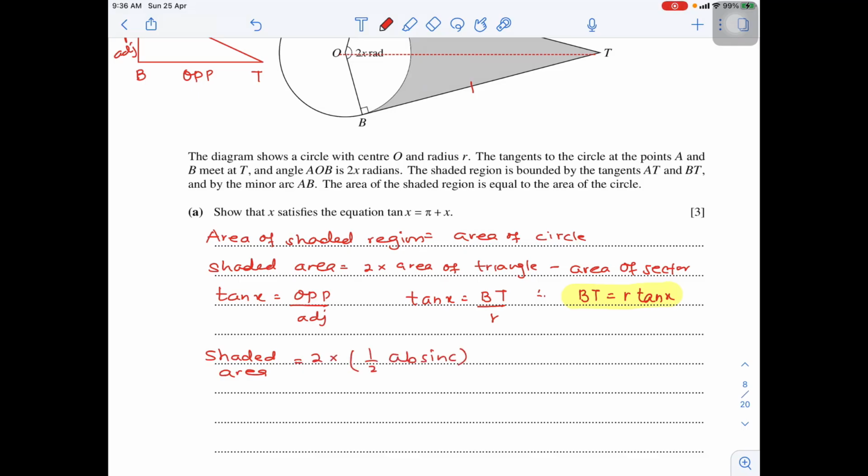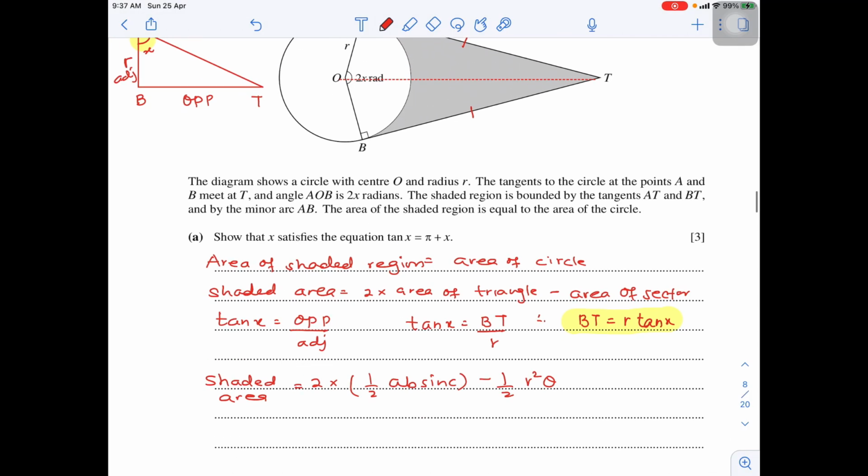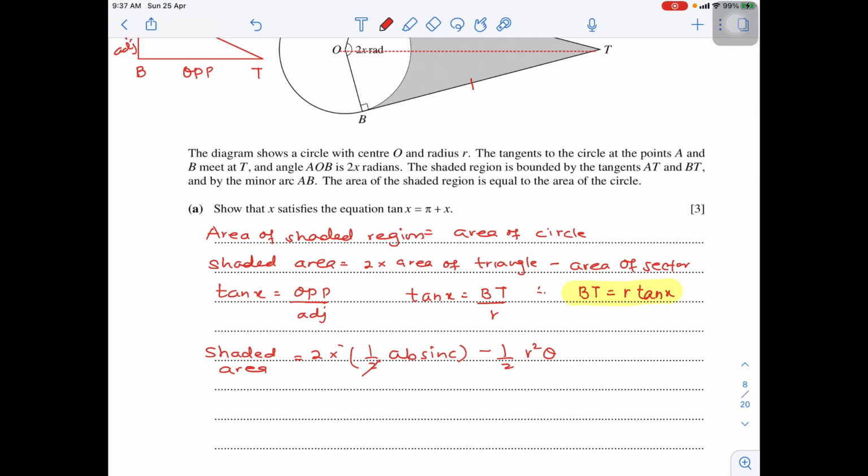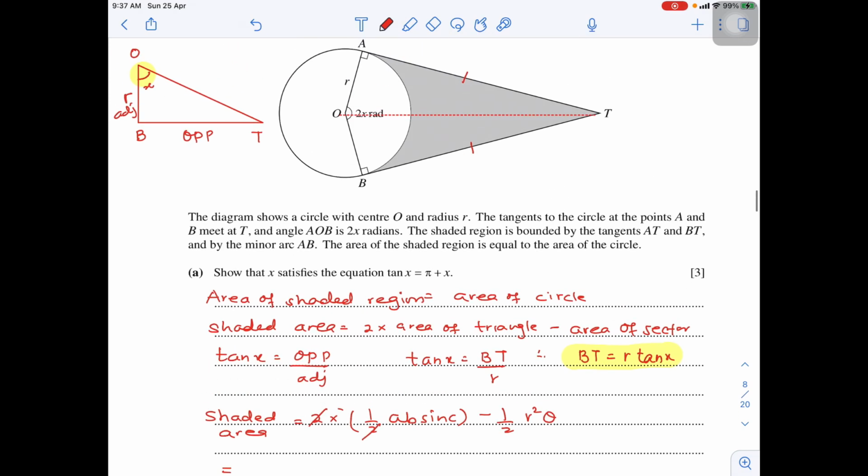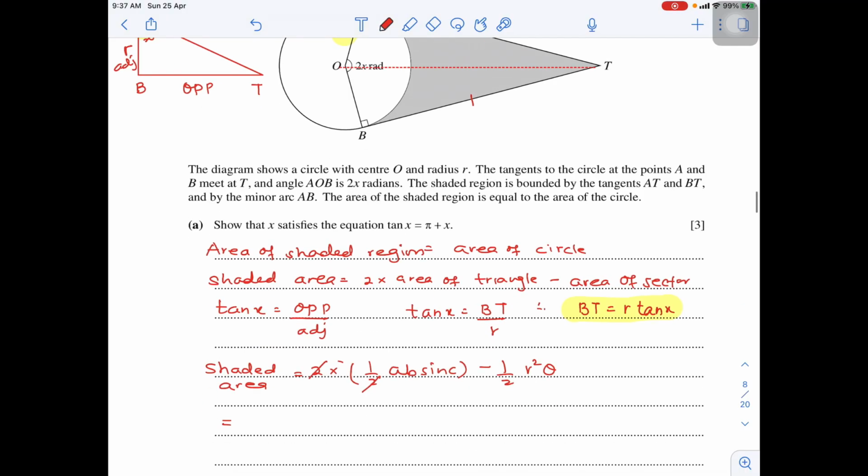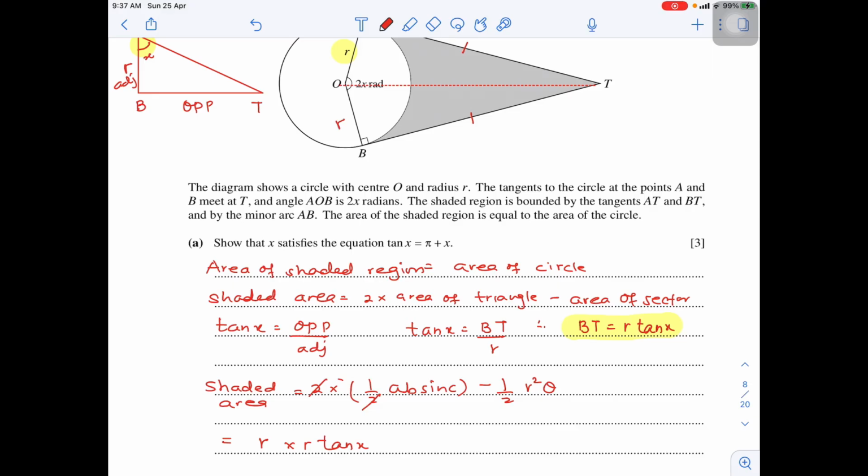All right. What else I need is the shaded area: 2 times half AB sine C, minus half r squared theta, the area of the sector. 2 and 2, I can cross out. AB sine C, I can calculate that. A is r, right? I can write r times r tan x.